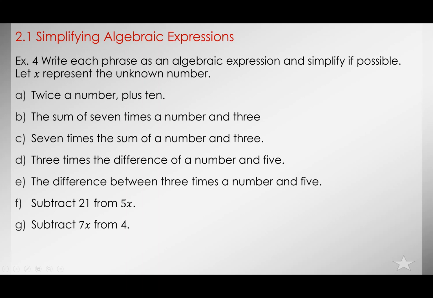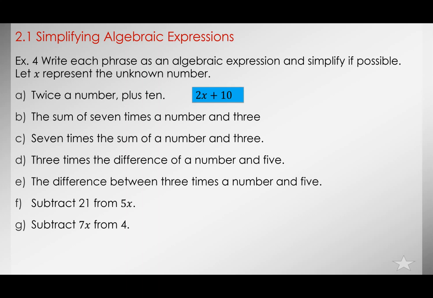So let's take a look at A. They ask you for twice a number plus 10. Twice a number is easy enough, twice meaning double, meaning 2. Twice a number basically tells you 2 times a number. We don't know what the number is, that's why it's my x. And straightforward, plus 10, which is just plus 10.